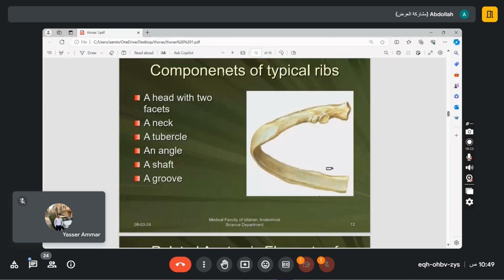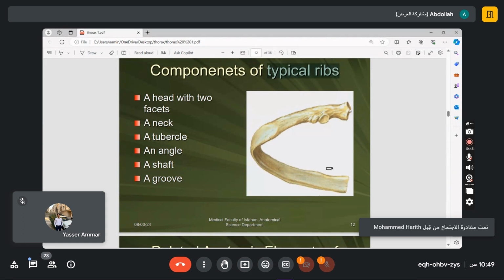And what about the components of the typical ribs? Each typical rib has a head, here is the head, with two faces. This is the head, and this part is a face. Look here, this is a face. Face of jointing. Jointing surface is face. And it has a neck.